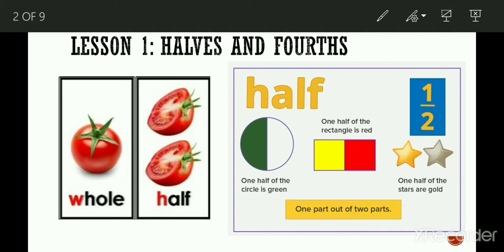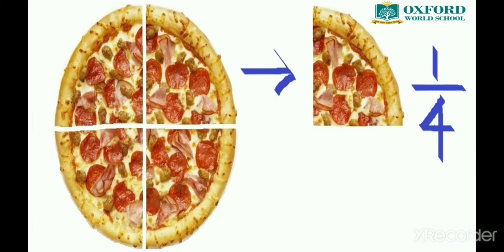Recapping: when a whole is divided into two equal parts or halves, each part is called half, just like the example given here. But when a whole is divided into four equal parts, then each part is called 1/4.